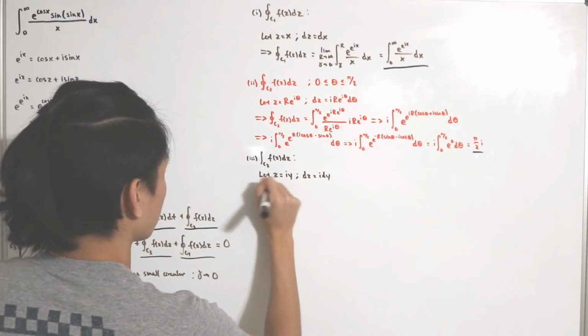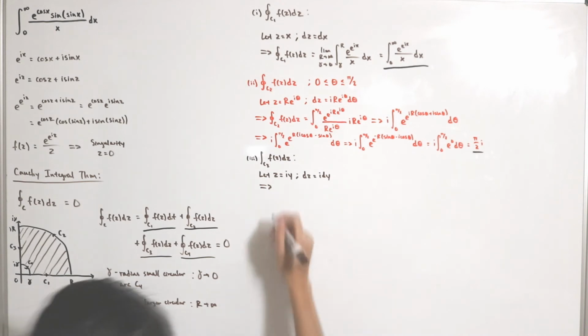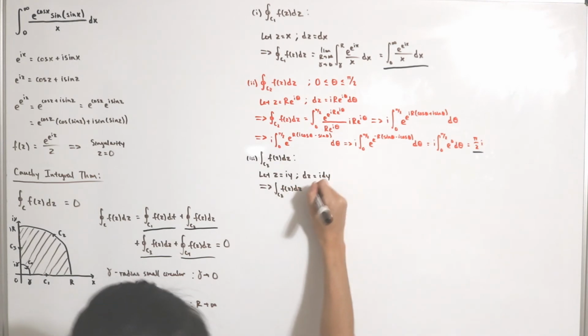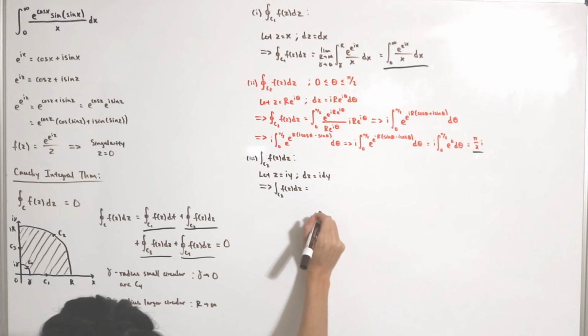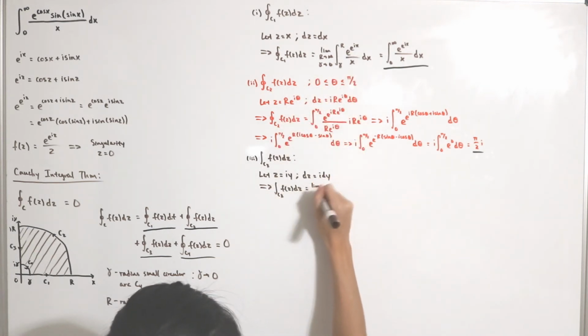So the integral over C3 of f of z dz is simply equal to, taking the same limits, R approaches infinity and gamma approaches 0.